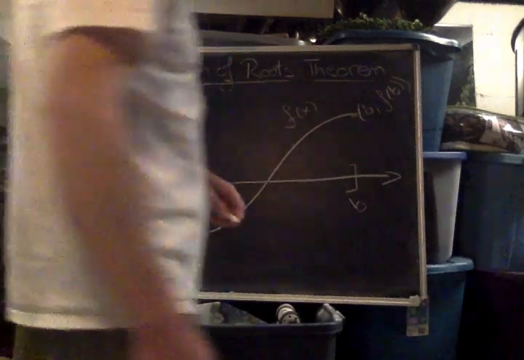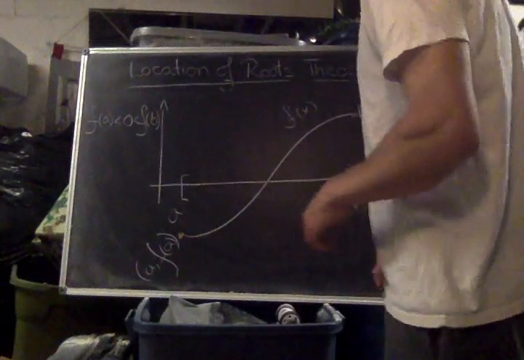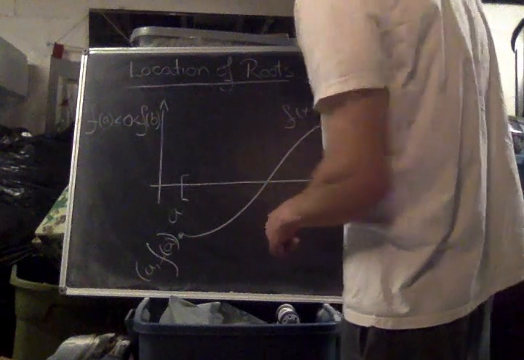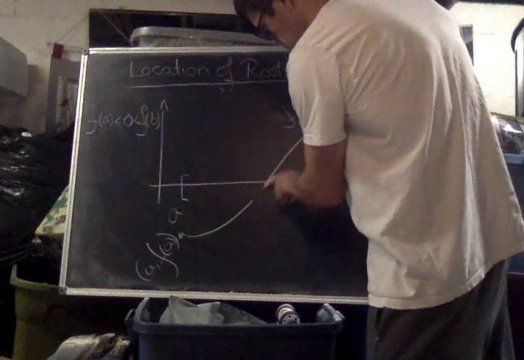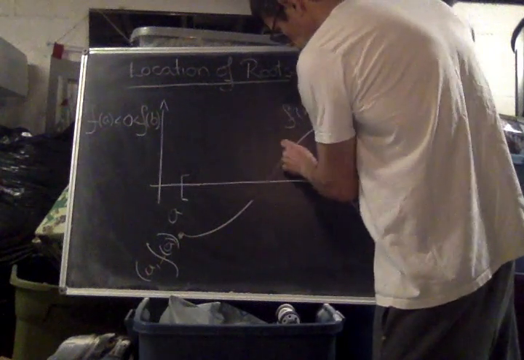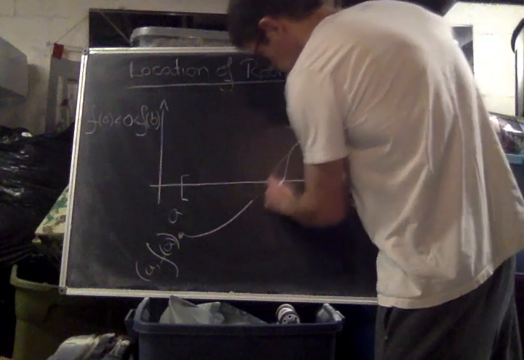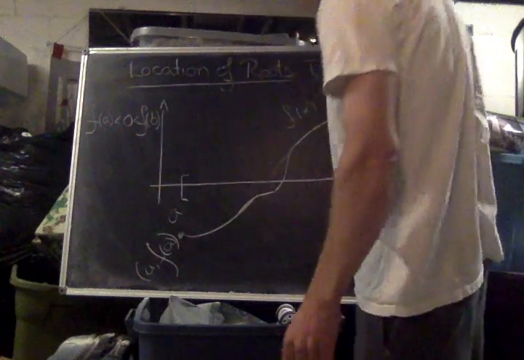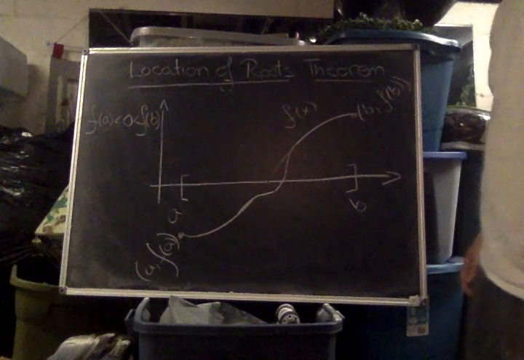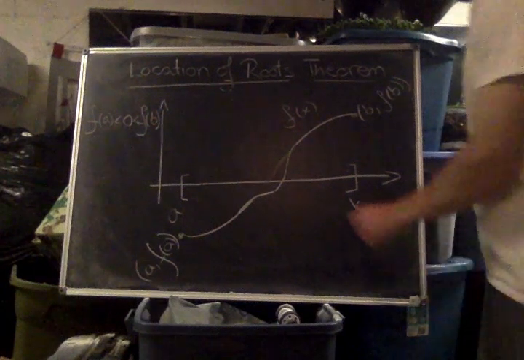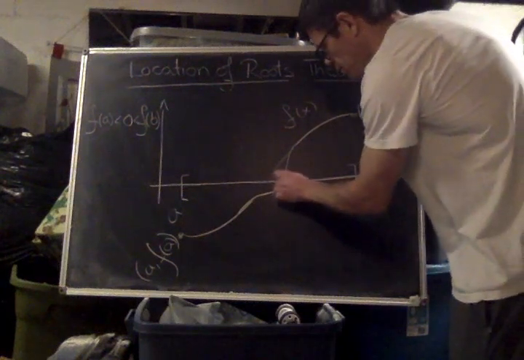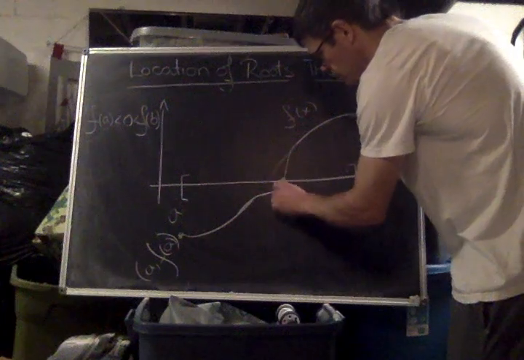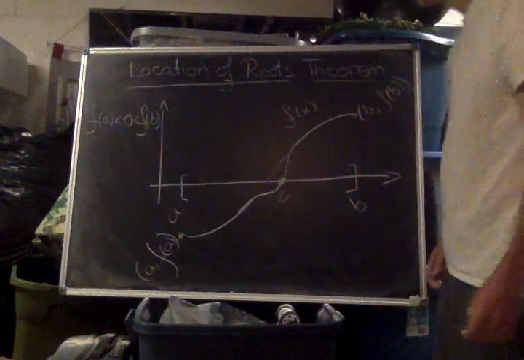So here goes. And maybe I even want to adjust this a little bit because let me make this function a little less symmetric. Okay? So eventually, somehow, we want to locate this point C, right?